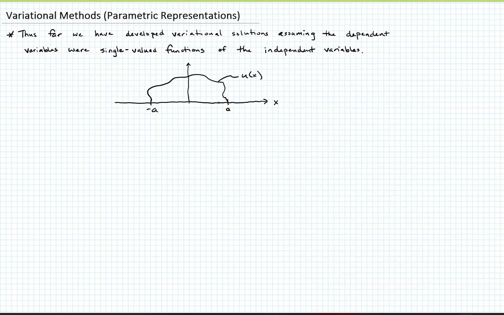So the key feature is that when we extremize a functional, the Euler-Lagrange equation may yield a solution that's not single-valued. So how do we handle this?